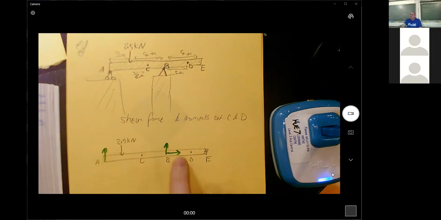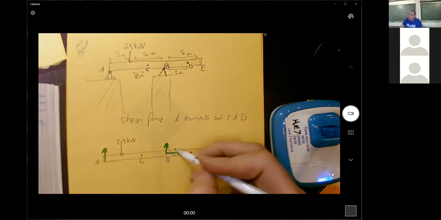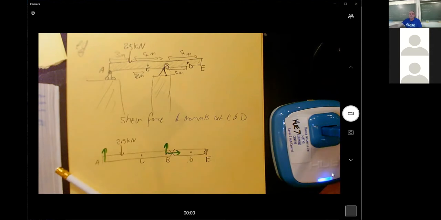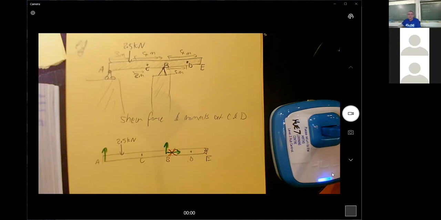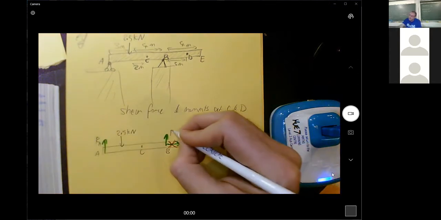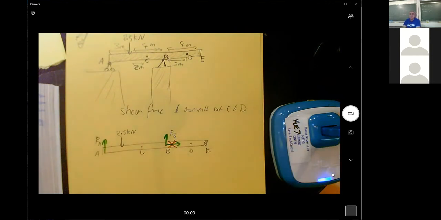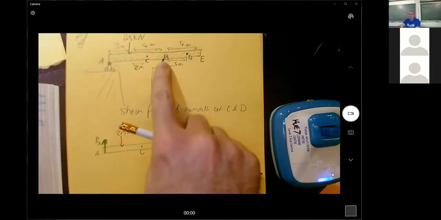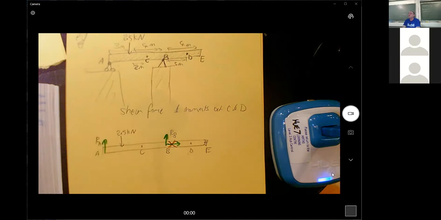And so there's not going to actually be a reaction here because there's no horizontal forces to counteract it. So this one here doesn't actually exist. We can just skip that bit. So I'll call this the reaction at A and the reaction at B. Even though it's possible to provide a reaction at this spot, there isn't one.